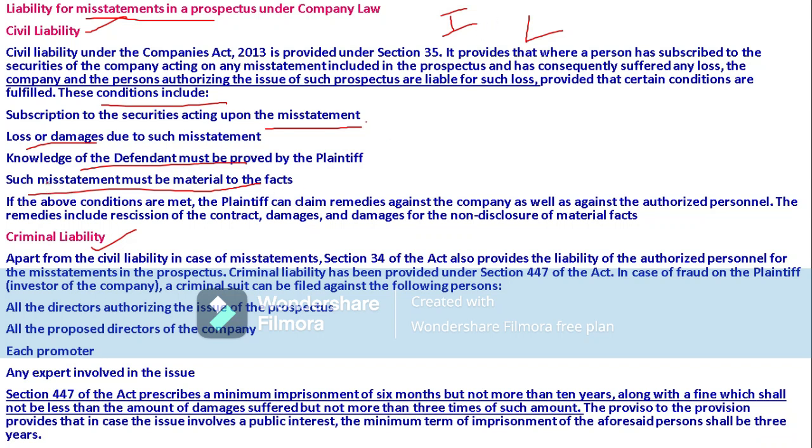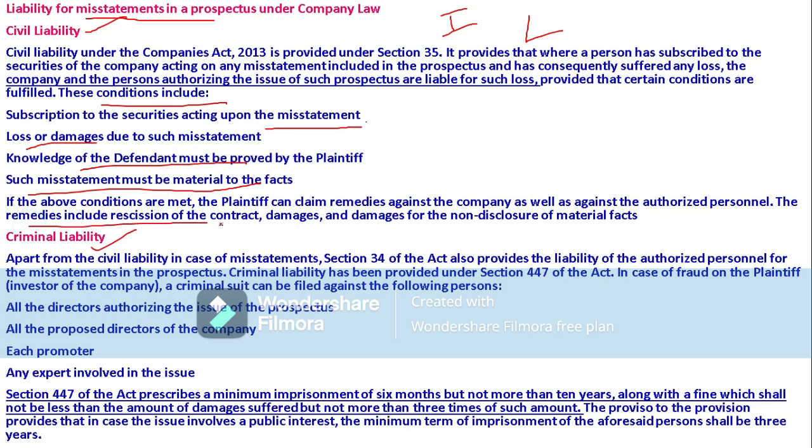It should be regarding that particular information only, which led to the loss. This is also considered. So these are the conditions under which an investor can sue the company, or the company and persons are liable for such loss.